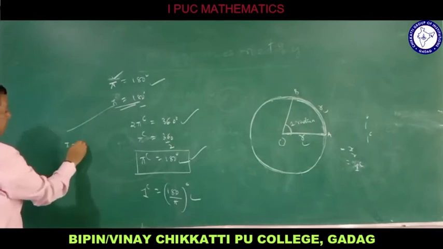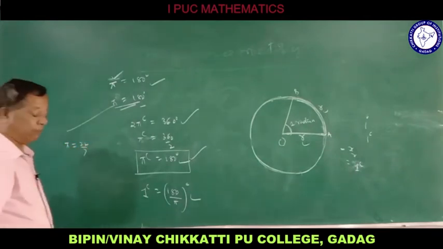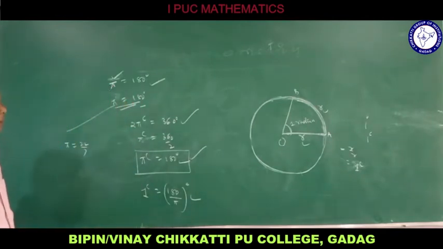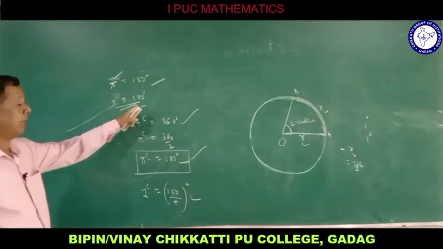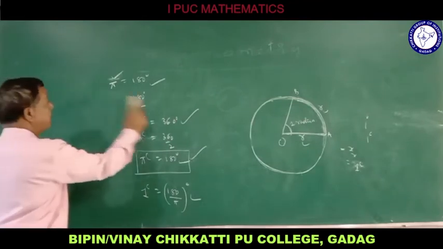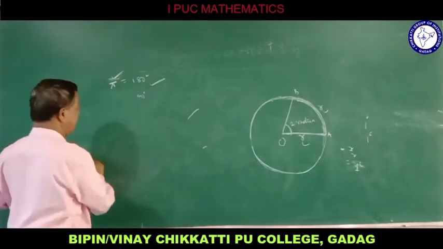When you are taking the numerical value of pi, it is 22 by 7 or 3.142 and so on. If that pi is representing the angle, you have to say pi equal to 180 degree. Pi radians is equal to 180 degree.